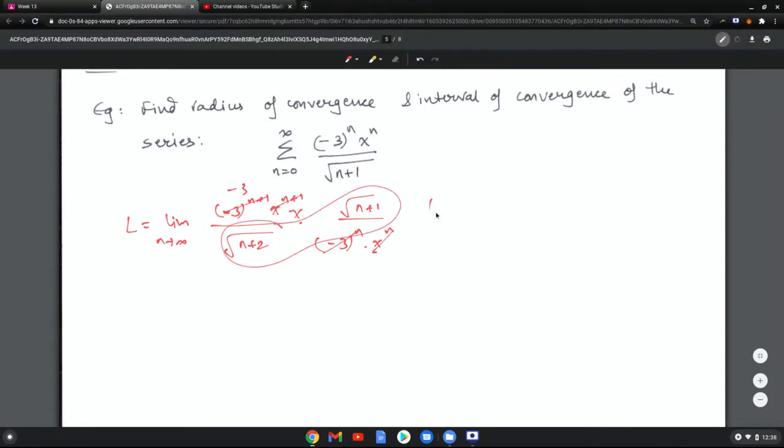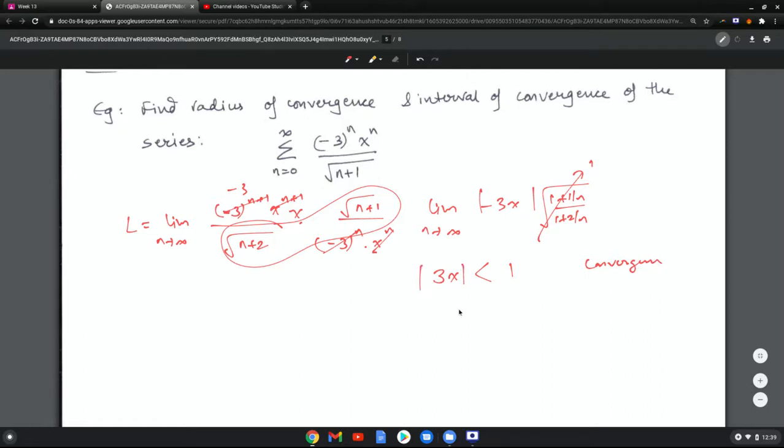And maybe I'll write one more step. Negative 3x times the square root of (1 plus 1 over n) over (1 plus 2 over n). This is basically 1. So if you take the absolute value, I'm left with the ratio being |3x|. Now for the ratio test for convergence, that's what I need.